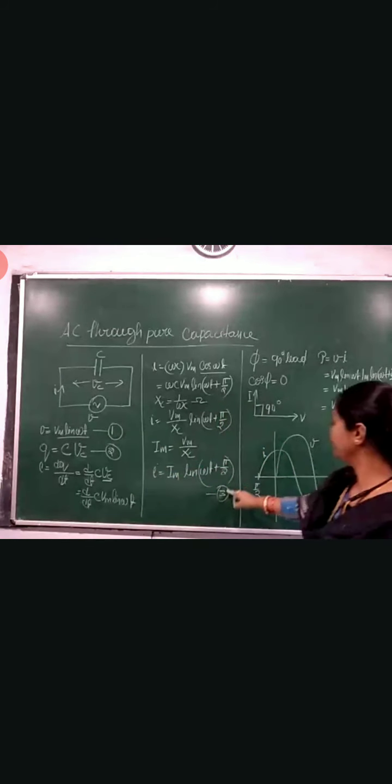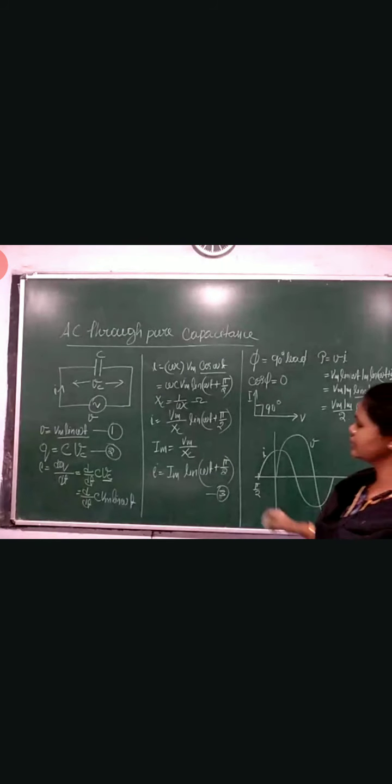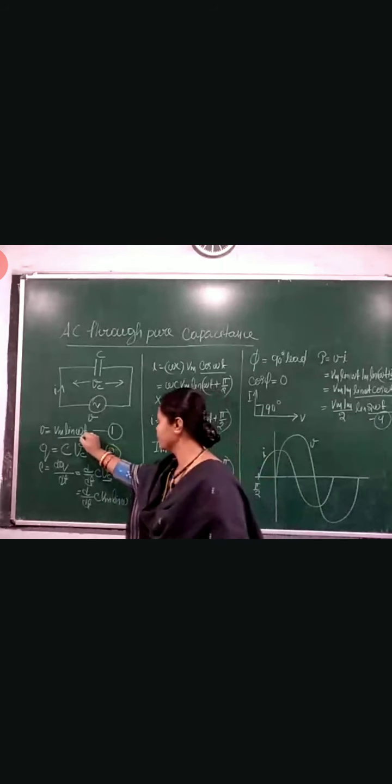So from equation number 4, it is very clear that the frequency of power is double the frequency of voltage and current. Again I repeat, the frequency of power is double the frequency of current and voltage. Now the average power. How do you calculate the average power?